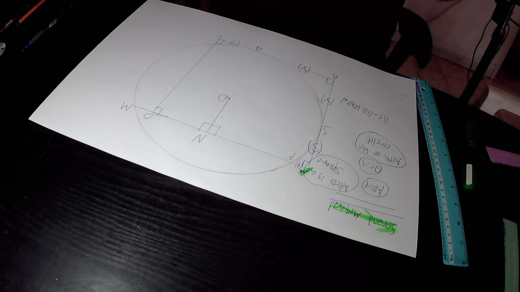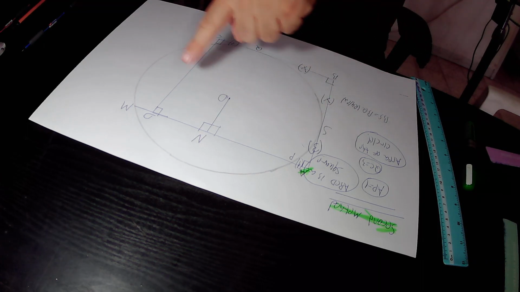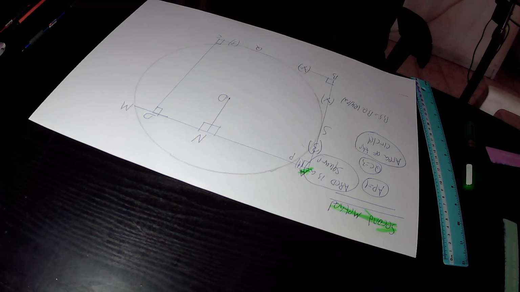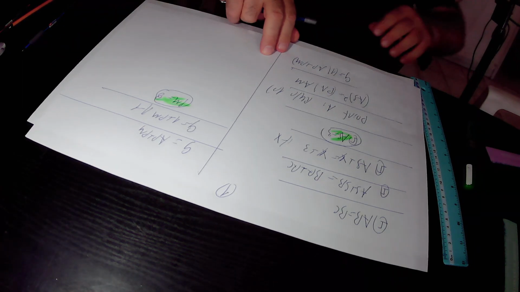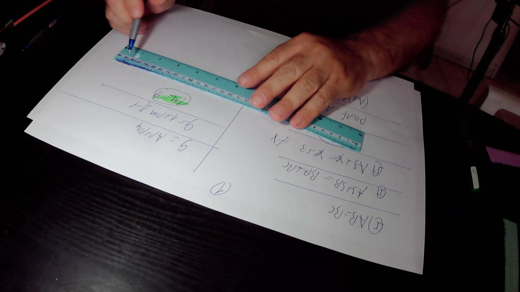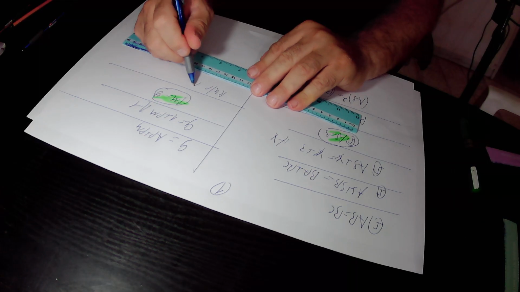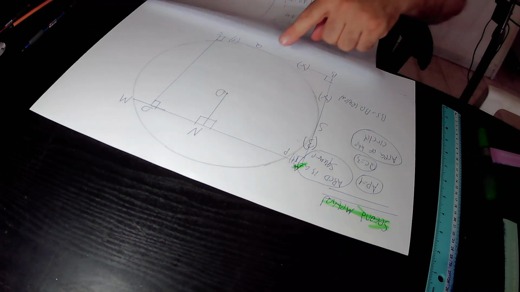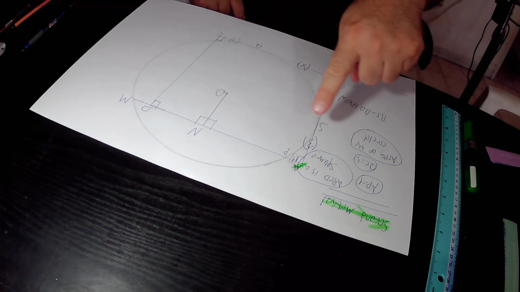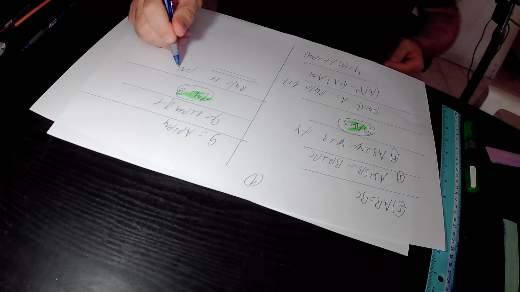According to rule 11, the perpendicular ON bisects chord PM. That is to say, PN equals NM.